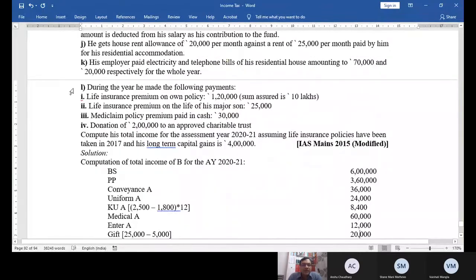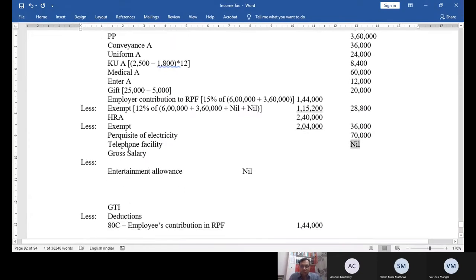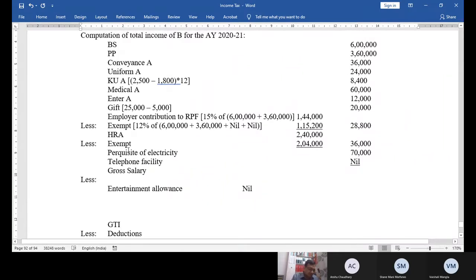During the year, he made the following payments. These are deductions now. That means let us wind up salary. How much is the total? 6 lakh plus 3,60,000 plus 36,000 plus 24,000 plus 8,400 plus 60 plus 12 plus 20 plus 2,880 plus 36,000 plus 70,000. It is 12,55,200.